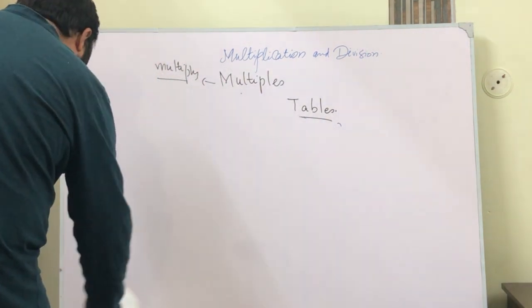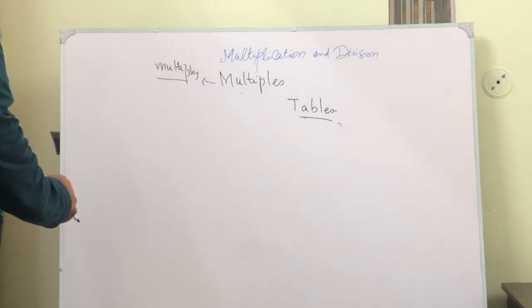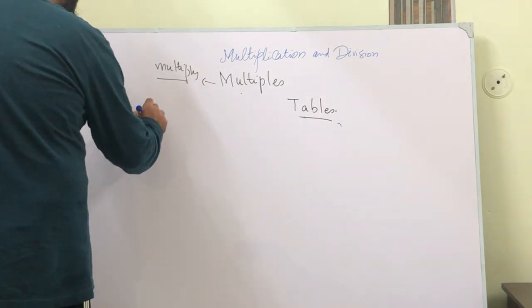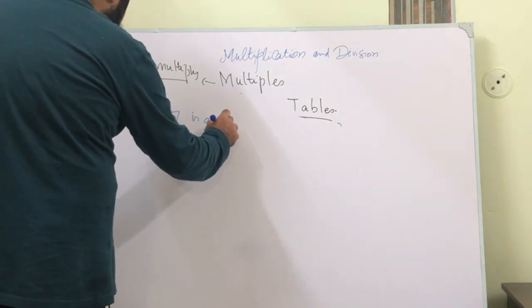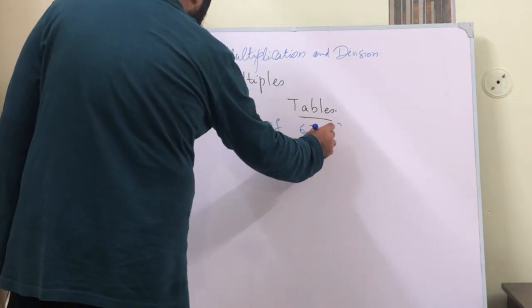We need to move to page number 33. Complete the sentences with factor or multiple. Part A: 7 is a dash of 63.